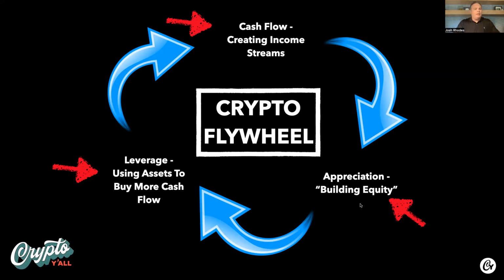Seasonally, especially in a bear market, I'm going to take a majority of the house money I'm creating, usually in the neighborhood of 80% of my cash flow, and plow it into the appreciation side of the flywheel, because I'm getting bargain prices. Everything's suppressed. All the prices are low, comparatively speaking, to their all-time highs.